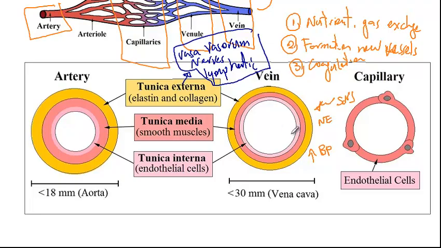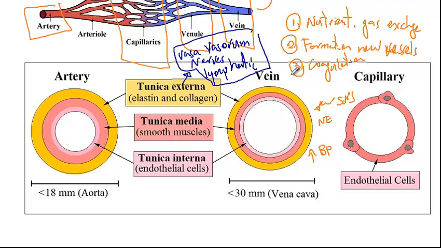Now, what I would like you to note here is that the lumen of the veins is much larger than the arteries. And the structure of the venous wall is much thinner and less elastic than the artery, as a consequence of which it allows the veins to stretch and hold a great volume of blood. So you may wonder, where does the 5 liters of blood in our body go?